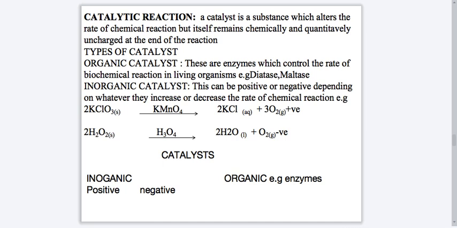When it decreases, we call it negative catalysis, or that catalyst is a negative catalyst. When you say catalysis, that is a reaction in which a catalyst is involved. So the negative ones are the ones that slow down the reaction.